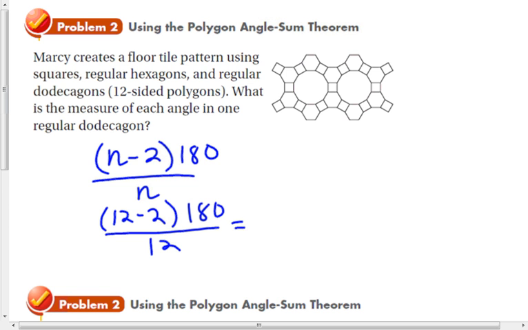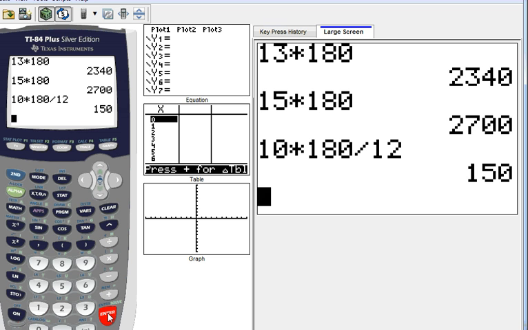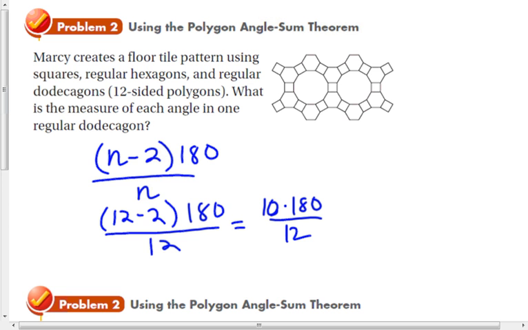If we simplify that, we get 6 times 180 divided by 12, oops, I subtracted wrong there. It's not 6 times 180, it's 10 times 180. So 10 times 180 divided by 12 gives us 150 degrees for each of those angles. All right, you try that.